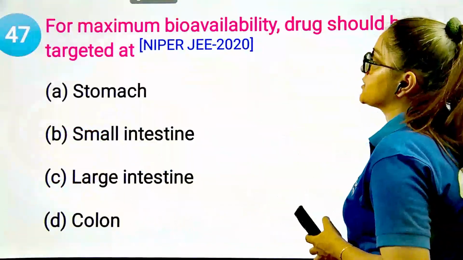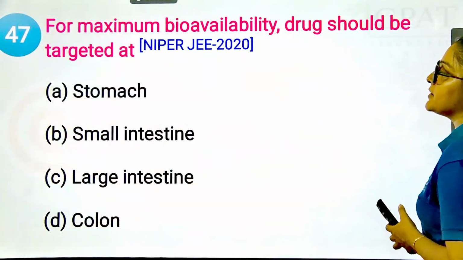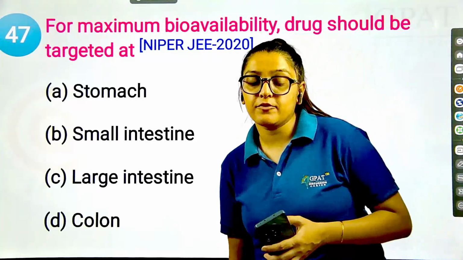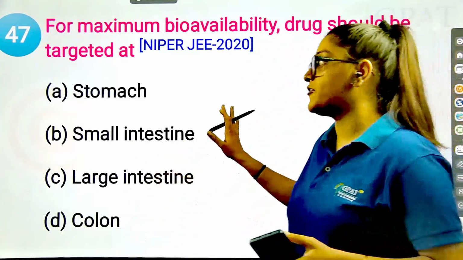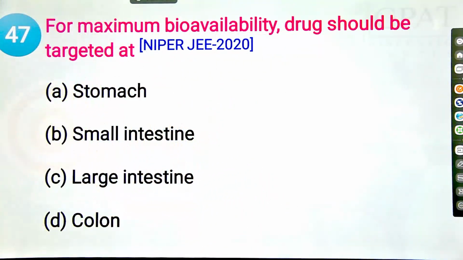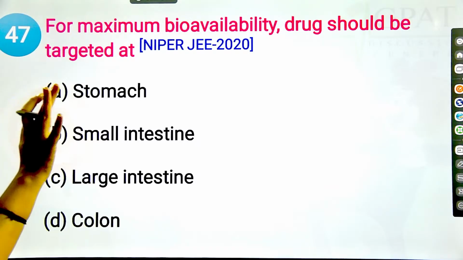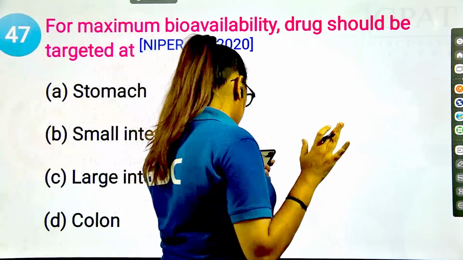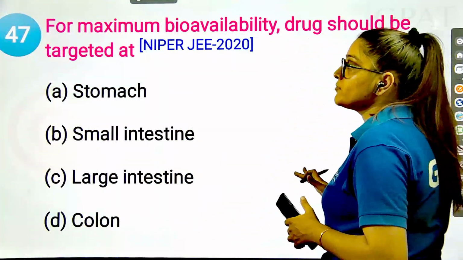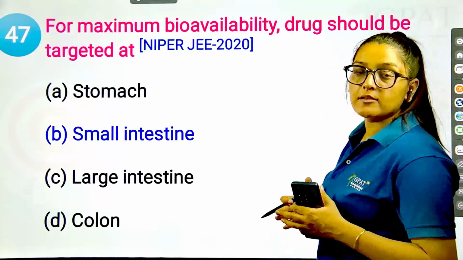Next, for maximum bioavailability, the drug should be targeted at what? Now this question is for our pharmacology experts. Should the drug be targeted at the stomach? No. In the stomach, for the most part, the drug tends to degrade.